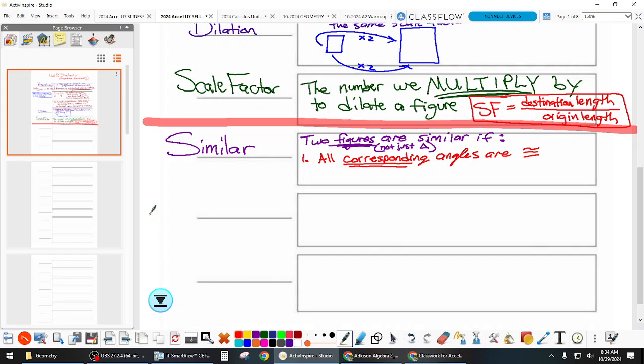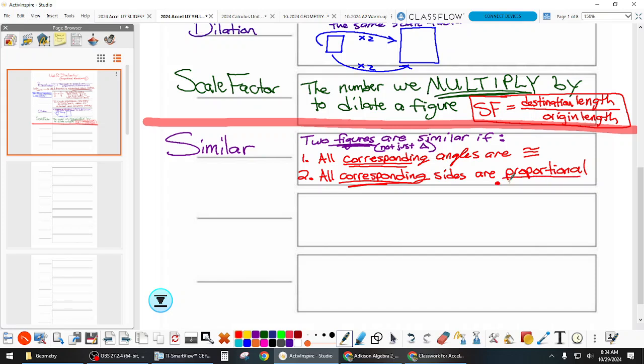Make sense? In fact, let's define that, but let's do it in a second because we need that word again for number 2. So all corresponding sides are proportional. So let's kind of flush that out a little bit.